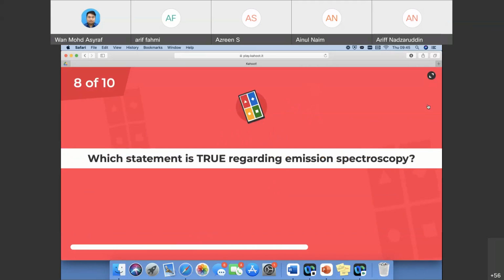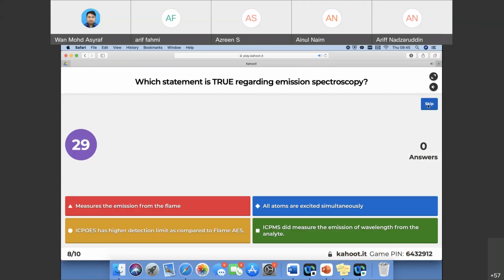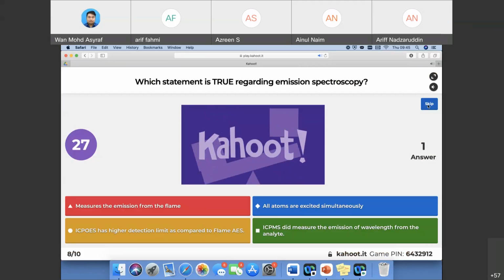Which is true regarding emission spectroscopy? It measures the emission from the flame. All atoms are excited simultaneously.